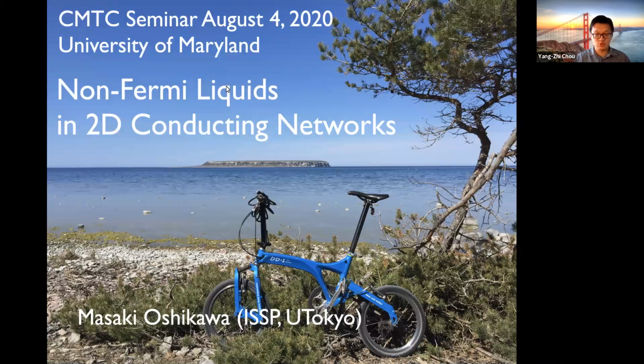After finishing his PhD, he moved to Canada working with Ian Affleck, and then he moved back to Japan ever since. Masaki has made many groundbreaking contributions to the field of strongly correlated systems, including generalizing the Lieb-Schultz-Mattis theorem to higher dimension. Today, he's going to tell us about non-Fermi liquids in two-dimensional conducting networks. And please, Masaki.